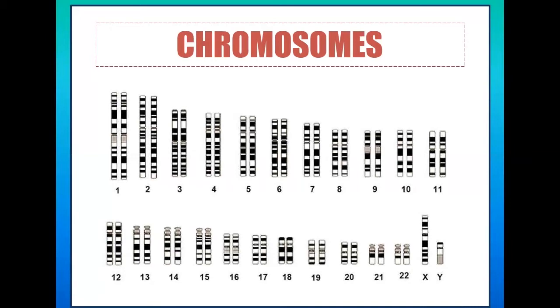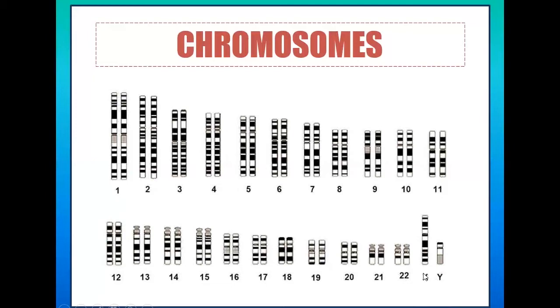While the 23rd pair of your chromosomes is responsible for our sex. That's the reason why we call them sex chromosomes. So if you are a female organism, talking about humans, you have two X chromosomes in your 23rd pair.